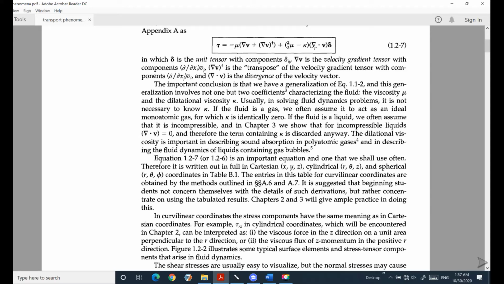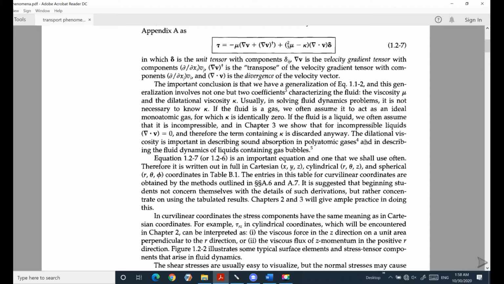So okay, if the gas is an ideal monoatomic gas, then this term is 0. If the liquid is incompressible, then we assume that the divergence of V gives the result of 0, then we cancel that term from here.